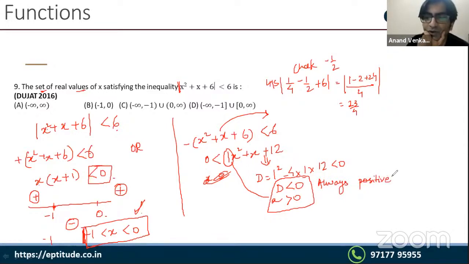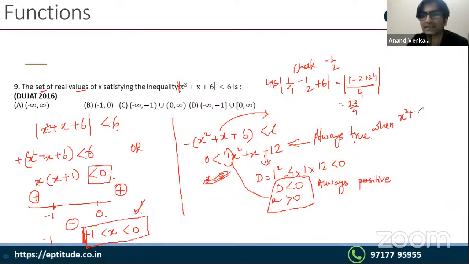This is always positive, right? Which means this is always true. So this given condition will be always true, right? But then that's a little dubious, because always true का क्या मतलब हुआ? This is true when the mod is multiplied with -1. So when will the mod be multiplied with -1?